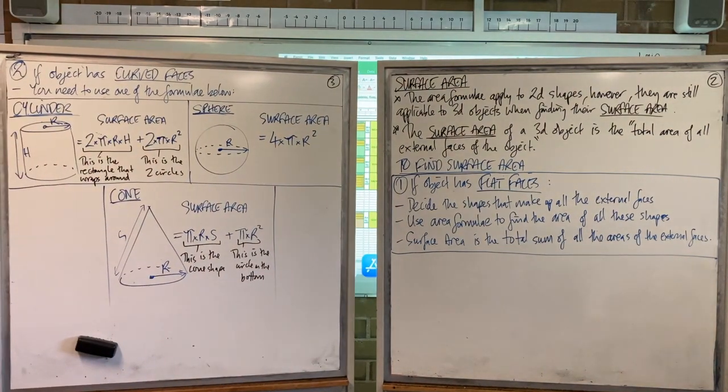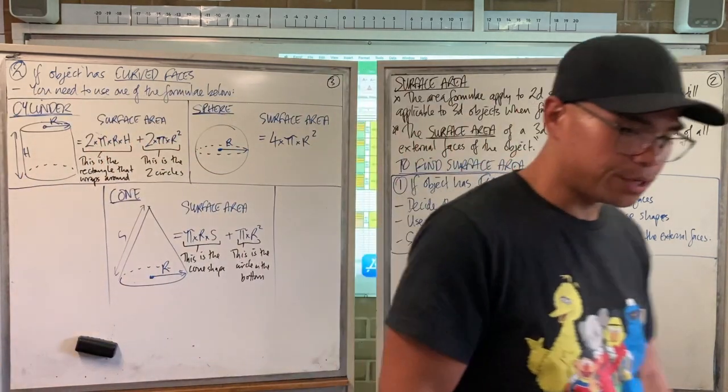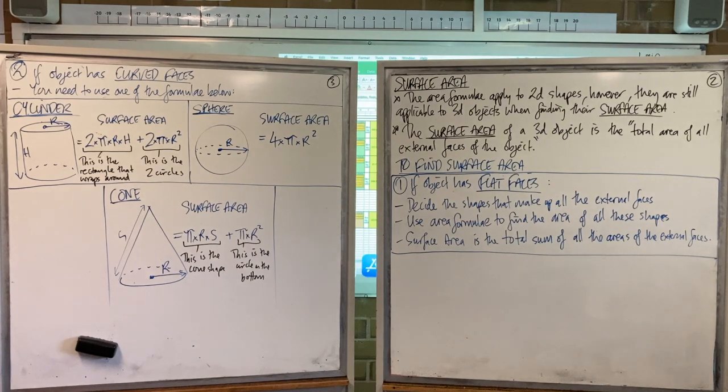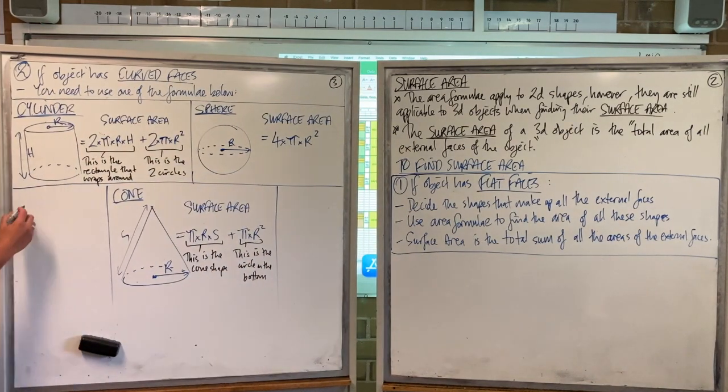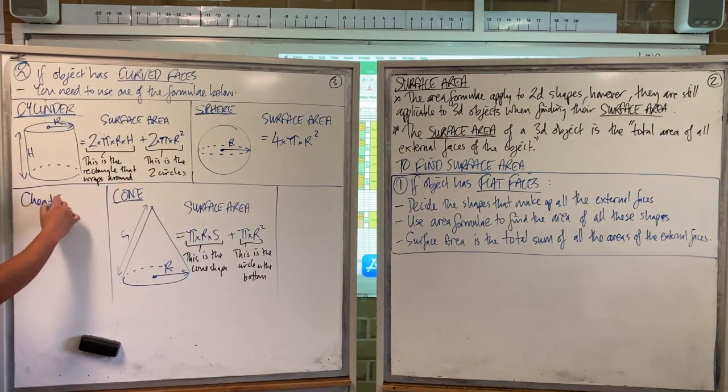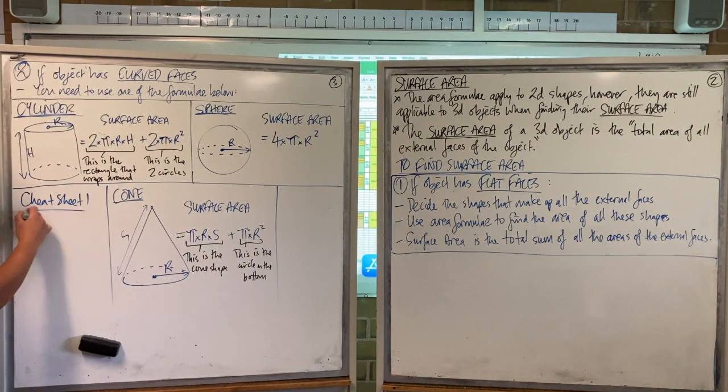So, if an object has curved faces, you need to use one of these formulae below. These are the only 3 that you need to be aware of in Year 11 General Maths. I'm just going to check that the board is on the camera. Yep. Can you get those down, please, under your cheat sheet? These are ones where I suggest you copy them.